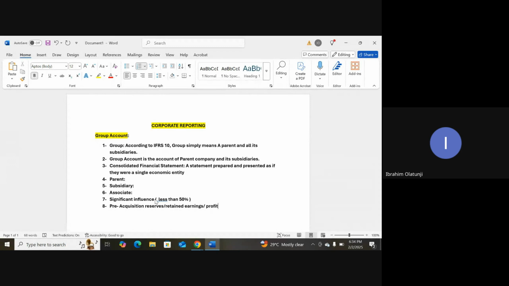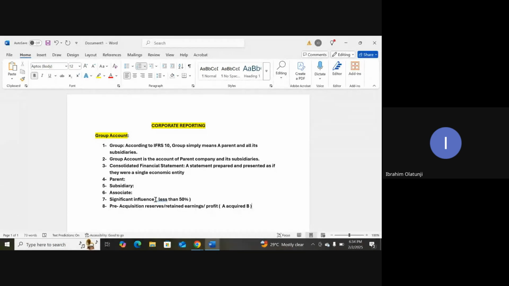Let me cite an example. For instance, parent company A acquires B. At the time that A acquires B, what is the retained earning of B at that time?